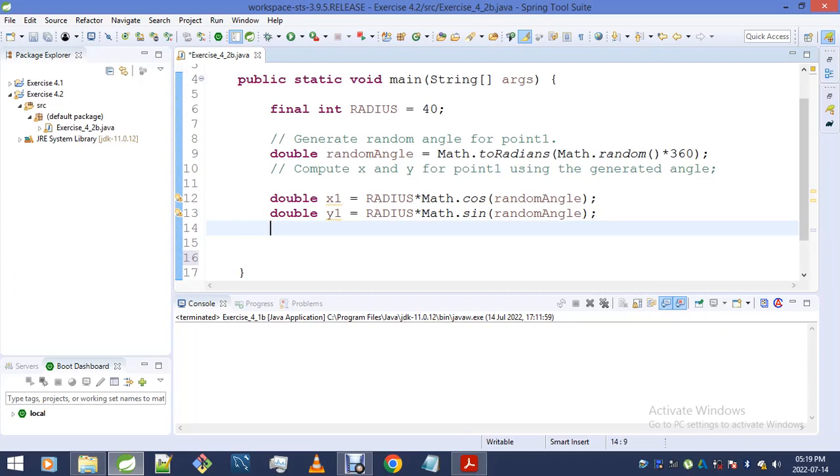And another thing you should understand, the angle 360 is the same as angle 0, right? Like the results of cos 0 and cos 360 are the same, and the results of sine 0 and sine 360 are the same.